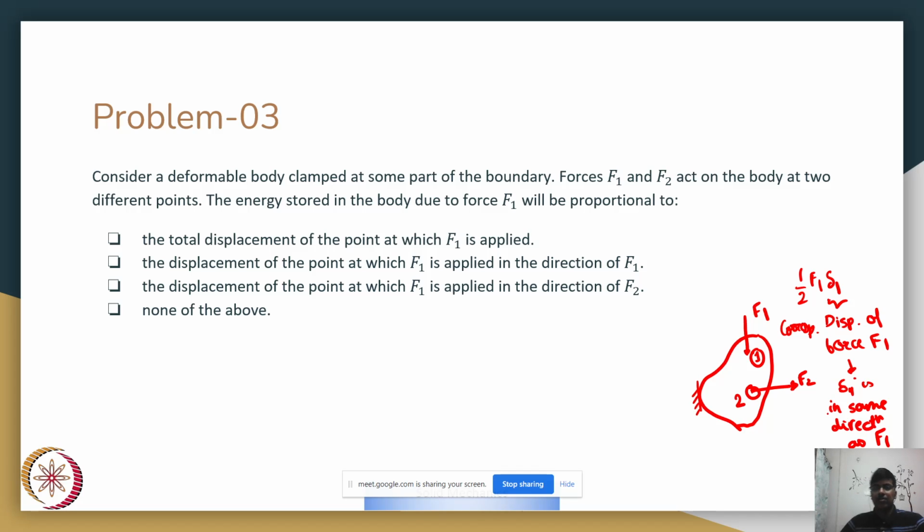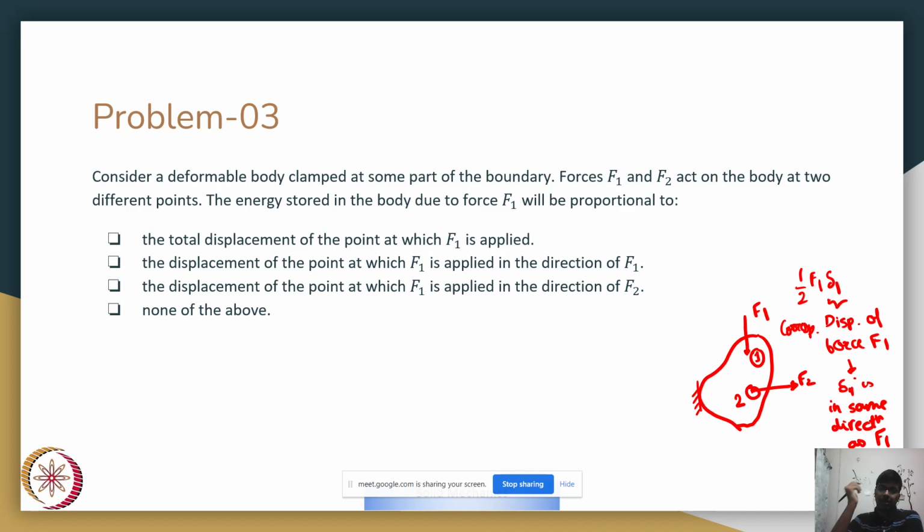So the energy stored is basically proportional to delta 1, which is nothing but the displacement of point 1, the point where F1 is applied, and delta 1 needs to be in the direction of F1. So F1 is applied vertically downwards, delta 1 will also be measured vertically downwards.